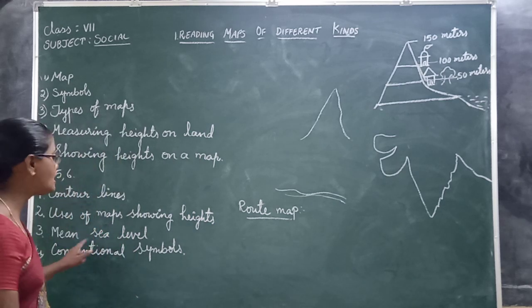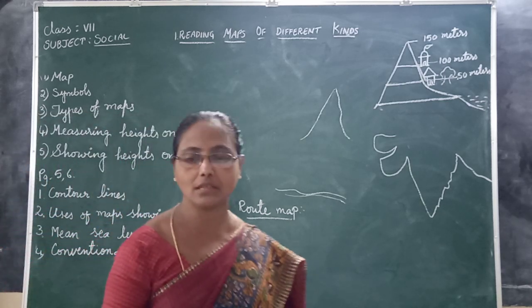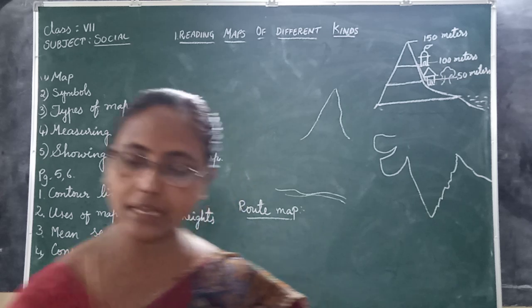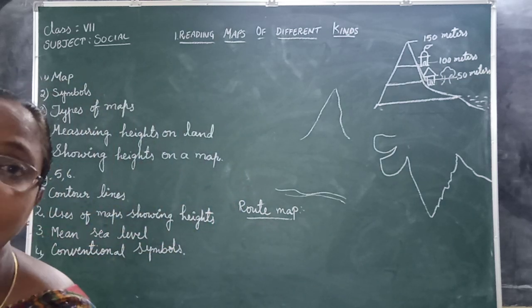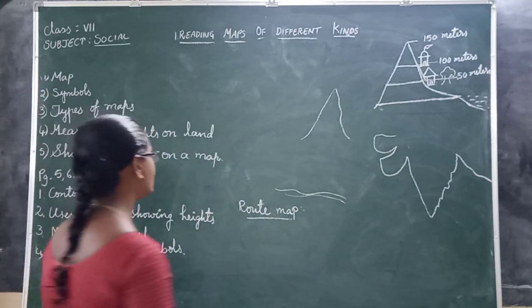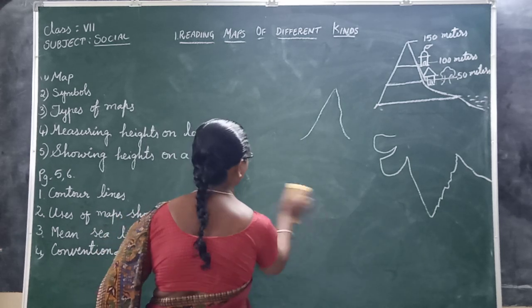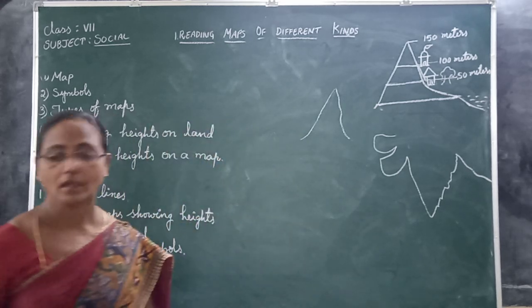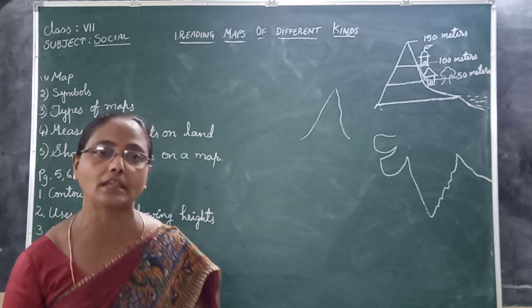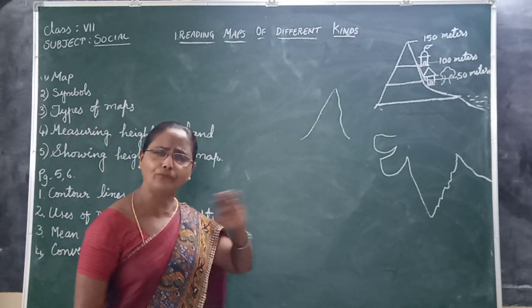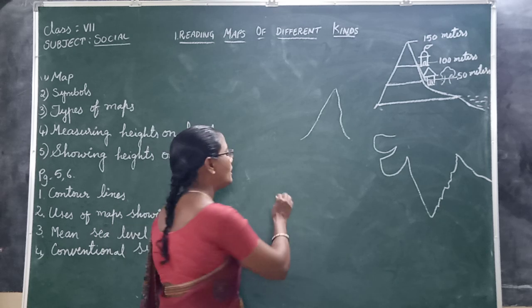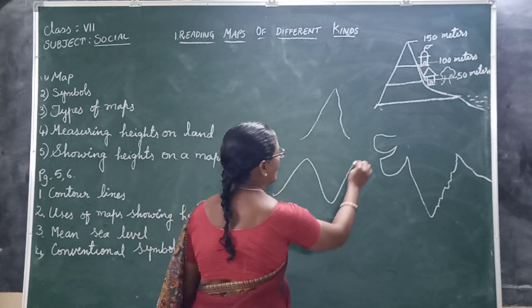Next, mean sea level. What is the mean sea level? The high tides and low tides never stand still on the sea. Always the tides are up and low.